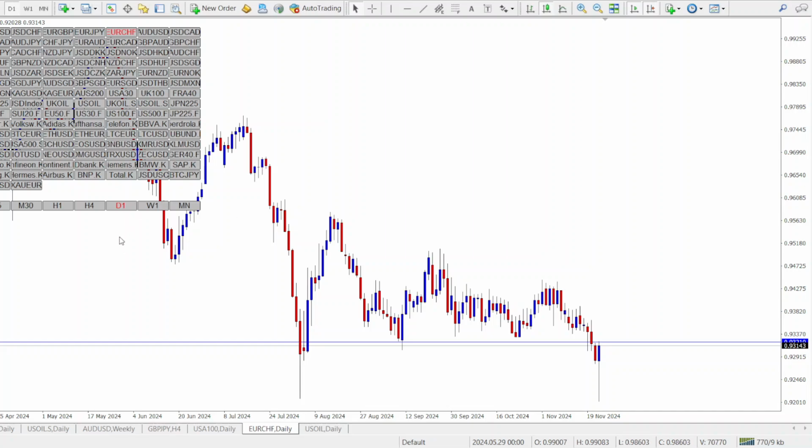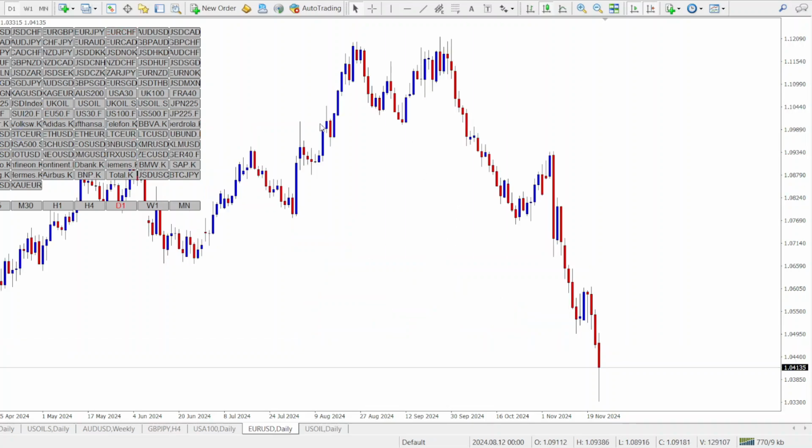Now, in the aspect of top-down analysis, even if you are just focusing on one currency pair, you can easily switch across time frames and do your analysis.